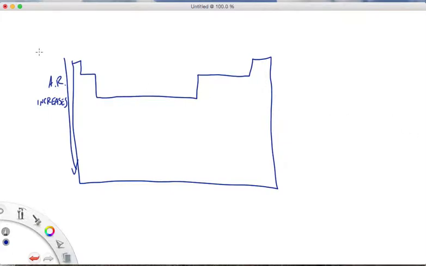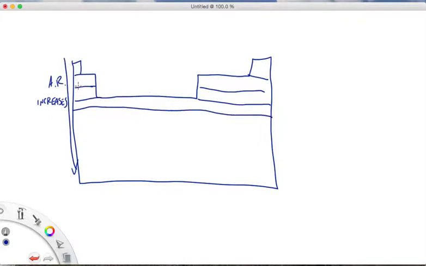And it increases because each time you go down a level, like these are periods in the periodic table, each time you go down a period, you're going down, down, down in the same group. Each time you go down a period in that same group, you're adding another energy shell full of electrons.